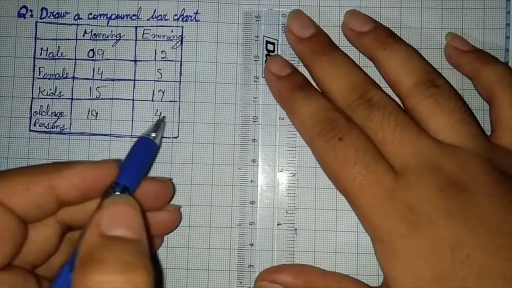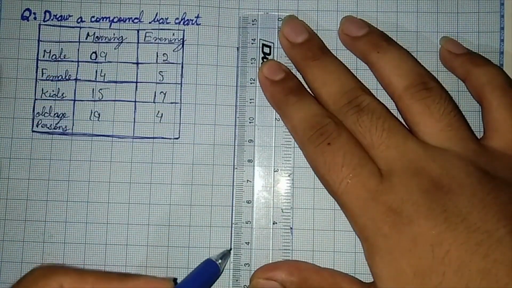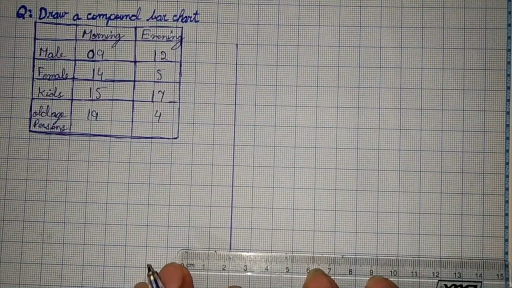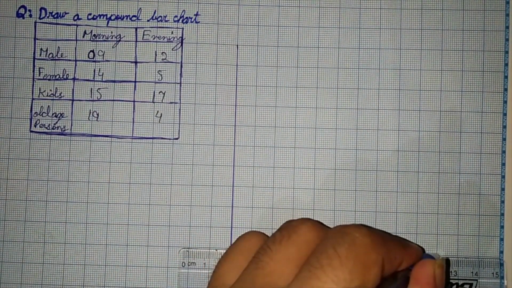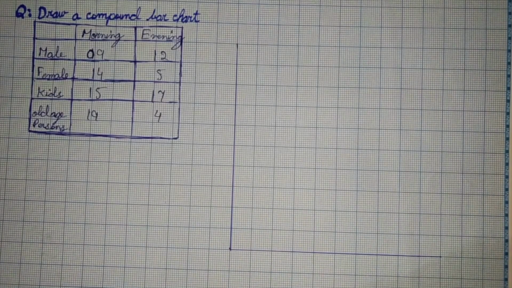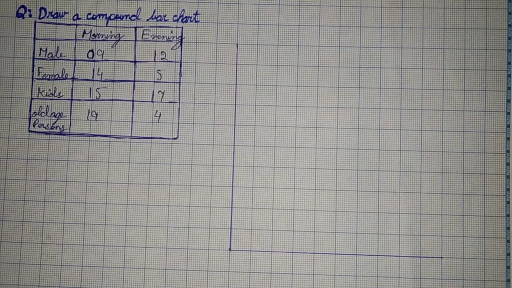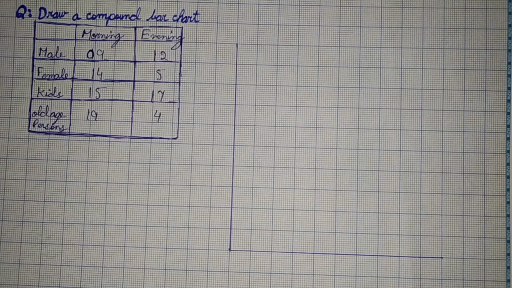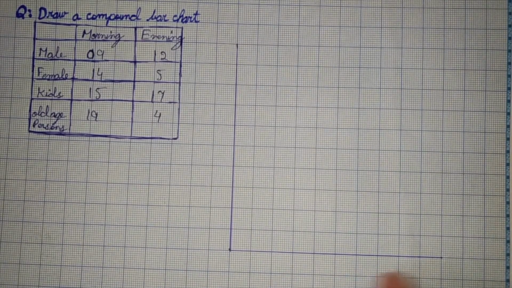First of all, let me draw a line here. It's your choice whether you draw a horizontal or a vertical bar chart. Here I am going to draw a horizontal bar chart, which means I will write frequency here.